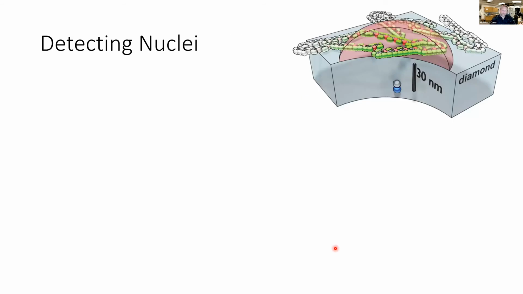So personally, what I'm very interested in is applications of NV centers for detecting small, basically, it's doing magnetic resonance at very small volumes. So what you can do is, let's say you have an NV center that is in a piece of diamond, and on top of the diamond, you put a little drop of material that you want to study.